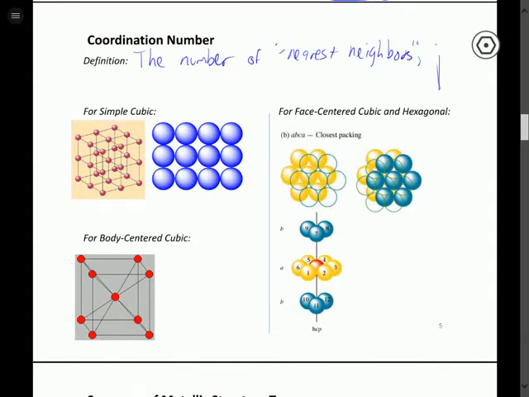Or maybe an easier way to say it is it's the number of atoms that each atom is touching. Let's see the best way to say that. The number of other atoms an atom is touching.